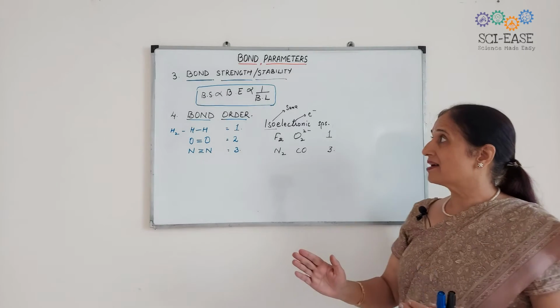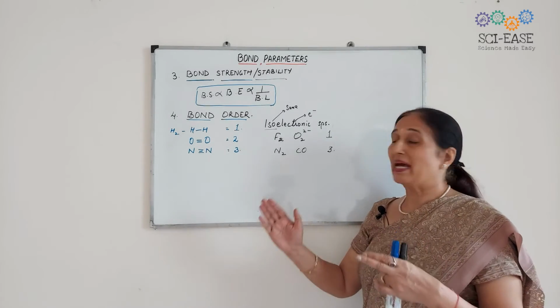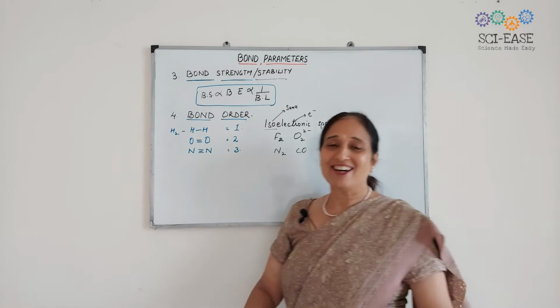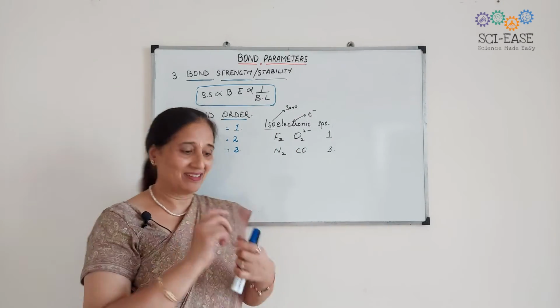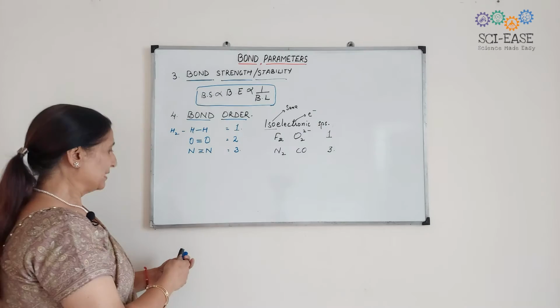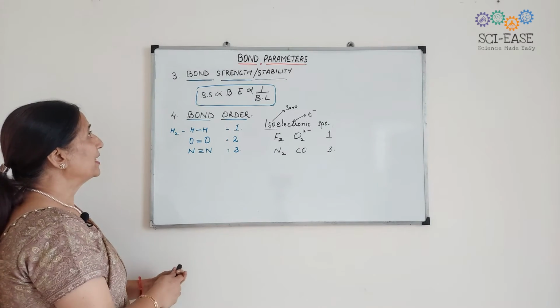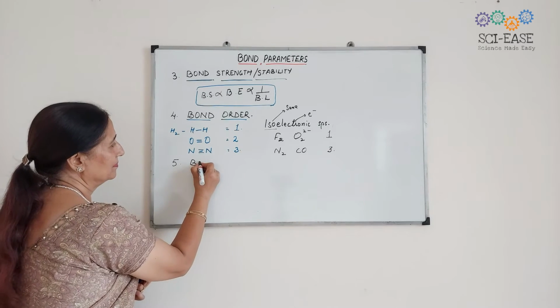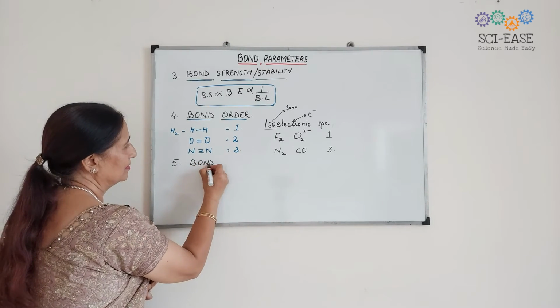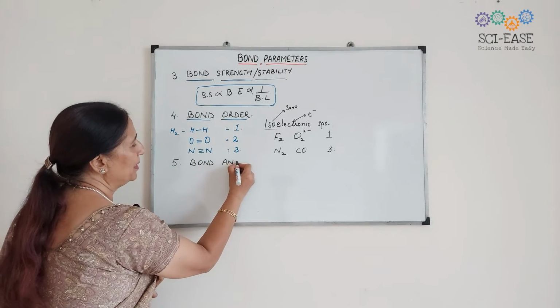So we have discussed 4 bond parameters. Now the last bond parameter is the bond angle. What do you mean by bond angle?